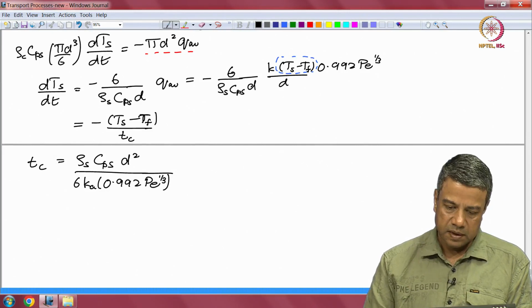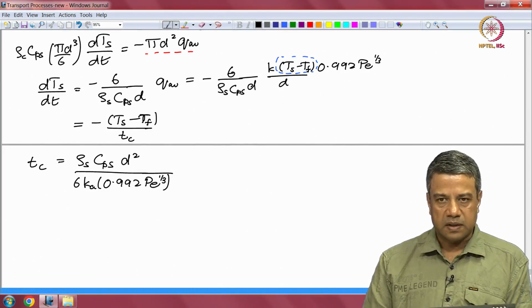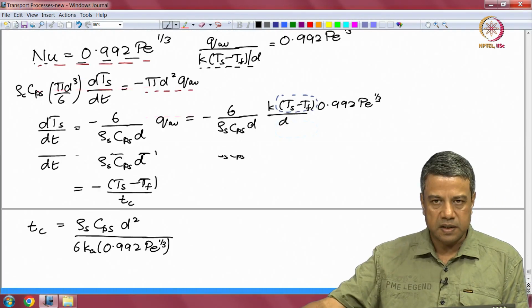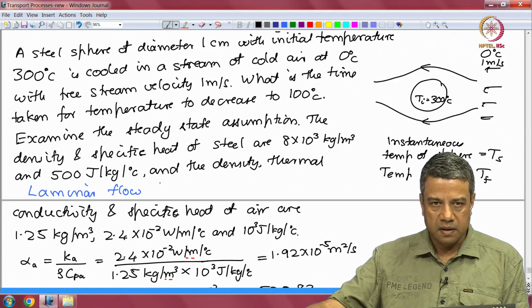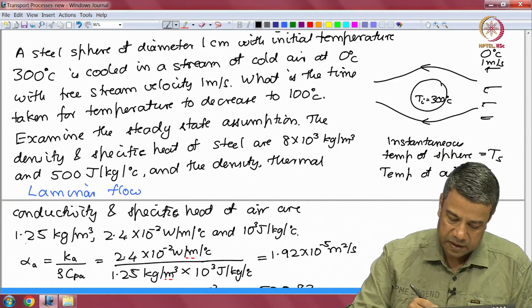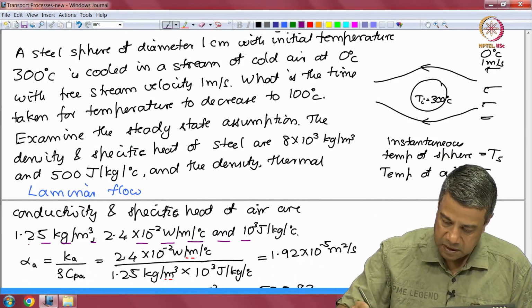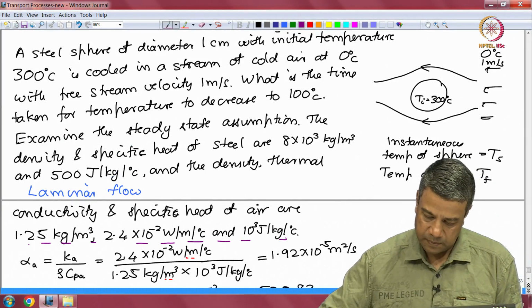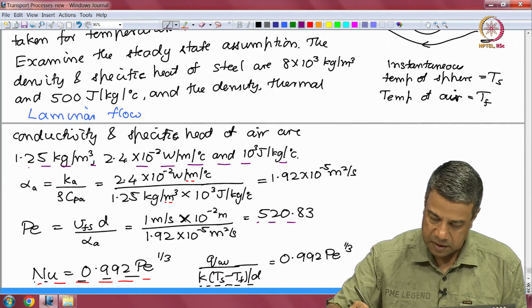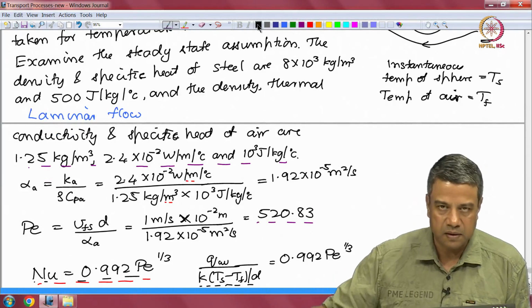And I can evaluate this using the properties that I had for the thermal conductivity etc. for the sphere and for air, and the Peclet number that I had subsequently calculated.